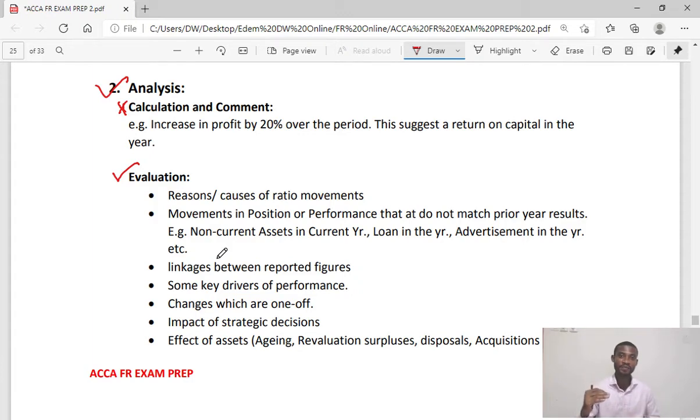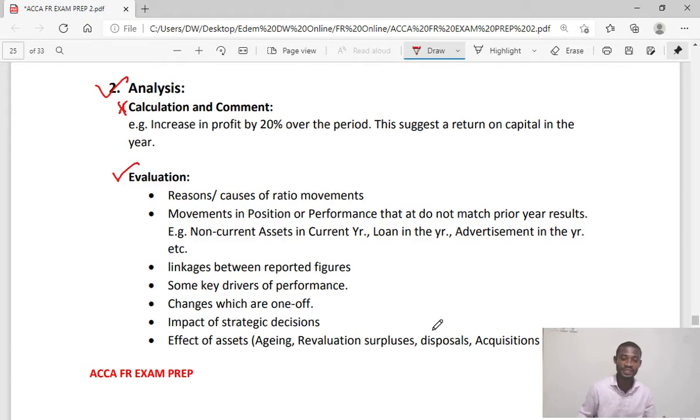Return on capital employed. You should be able to explain that the return on capital employed has decreased because there has been an increase in total asset, and from the profit figure, there has not been a corresponding or relative increase in profit to offset the increase in total asset.